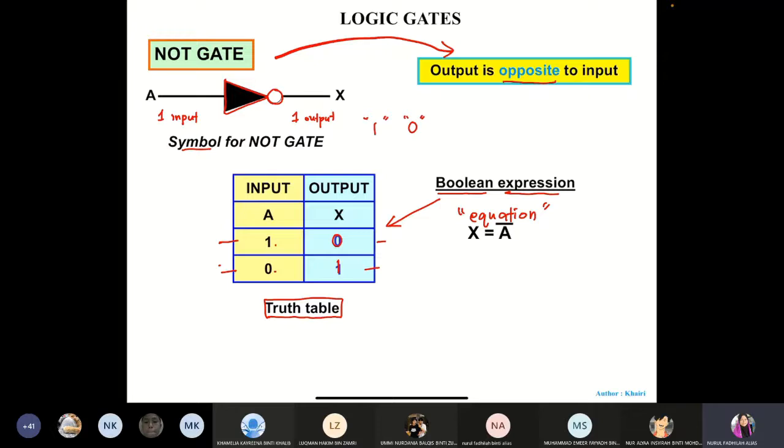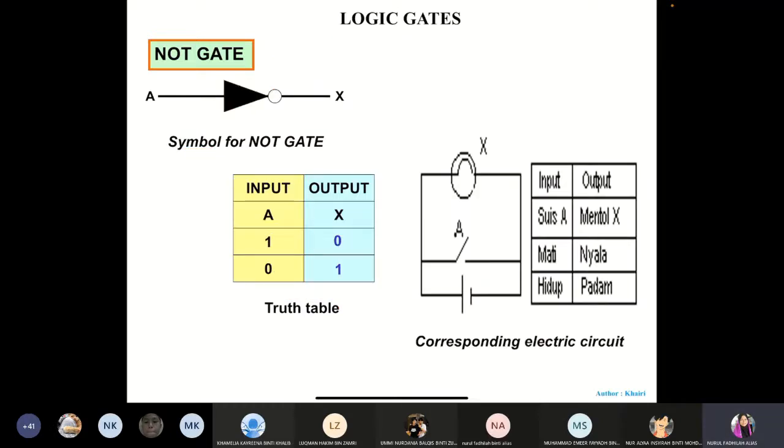However, we can see that in order to get X, we just oppositekan A tu. So the bar means opposite. X ni dia equal apa sahaja dengan A but opposite to it. Alright, so that's the formula.